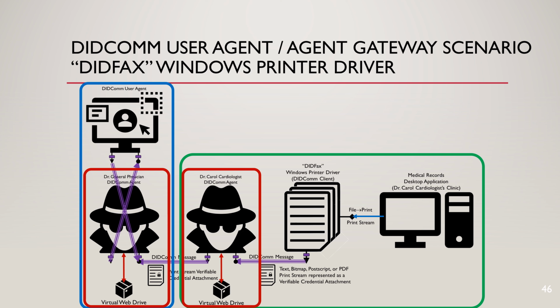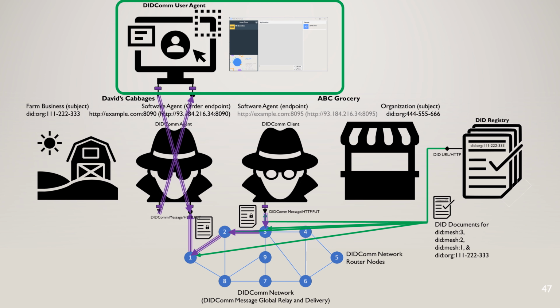If we take this specific scenario and put it in the context of what we've been talking about before, in terms of a DIDComm notation architecture reference model, we can see the DIDComm agent is at the top there and how it's paired with the DIDComm agent. As messages are sent from the sender, in this case the DIDComm client on the right, and routed through the network and received by the DIDComm agent on the left, those are available to be displayed in the DIDComm user agent.